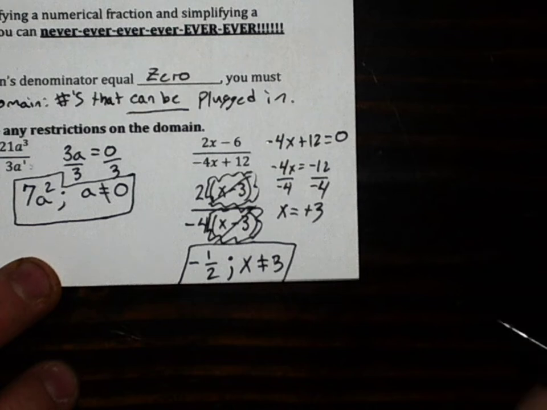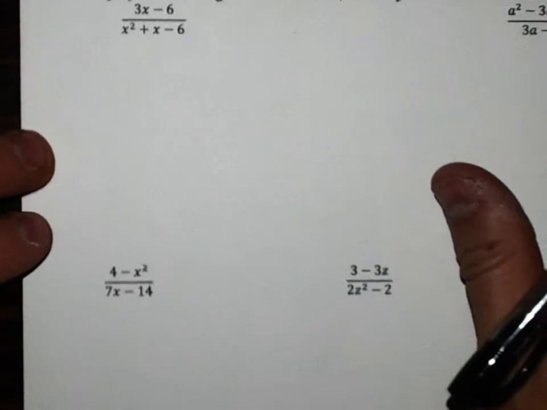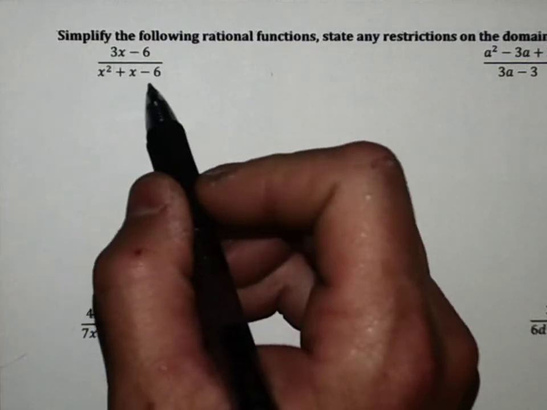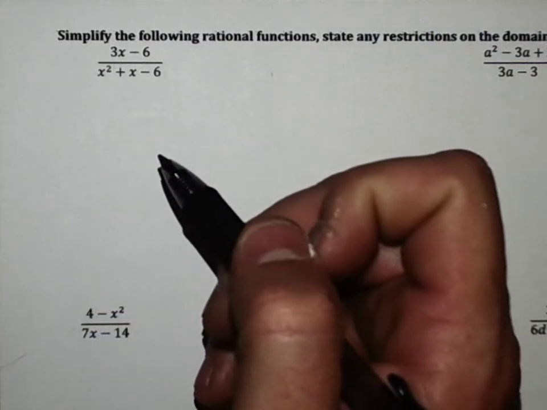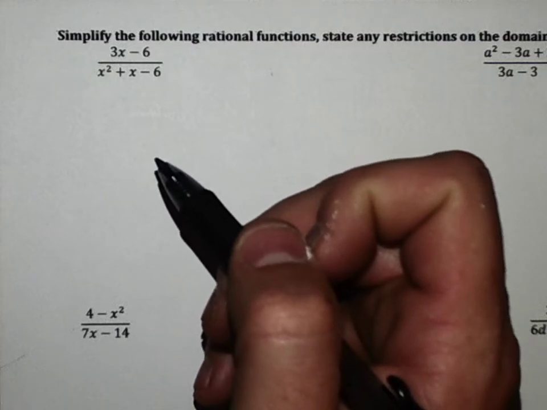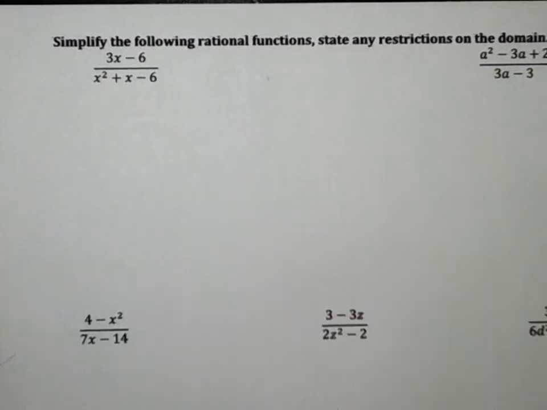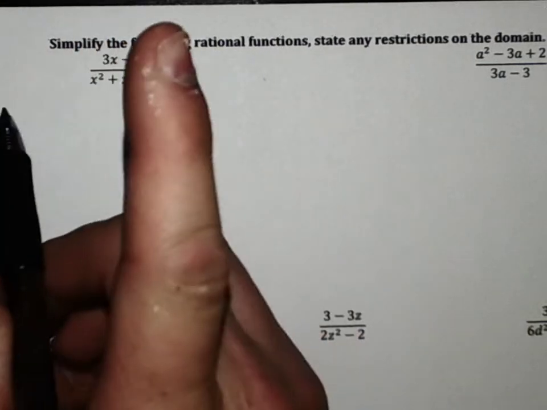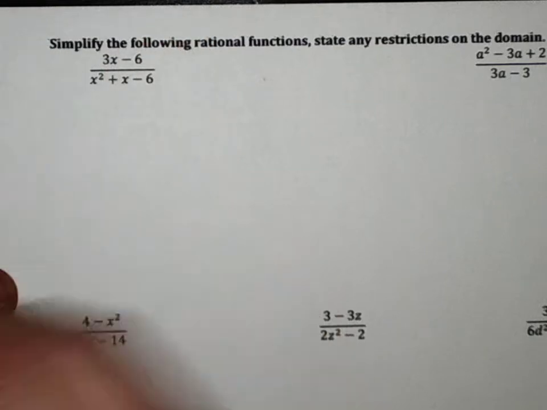And there you go. Let's go on to the back page. We're going to try a couple harder problems. You're going to recognize, what do I have in my denominator here? We have a quadratic. I told you that quadratics are going to come back. The reason why we are skipping over into chapter 11 is because they have a lot to do with quadratics, specifically factoring quadratics.